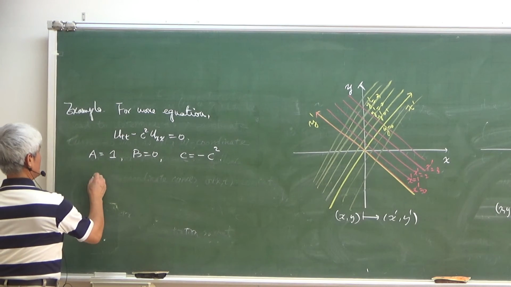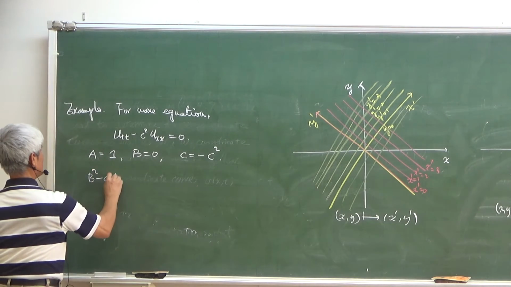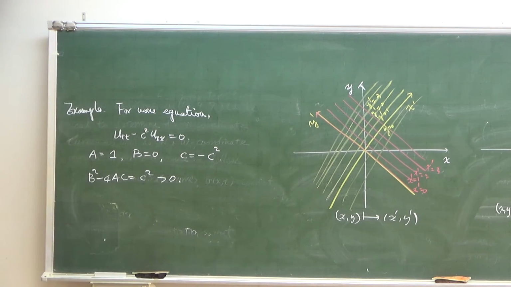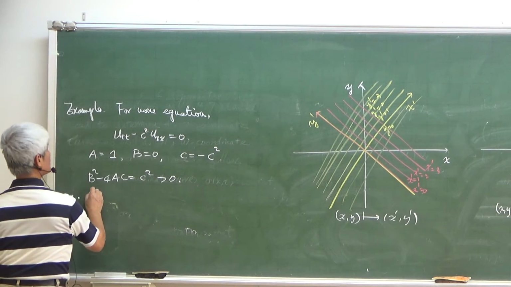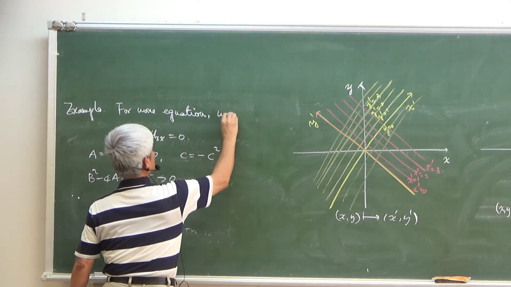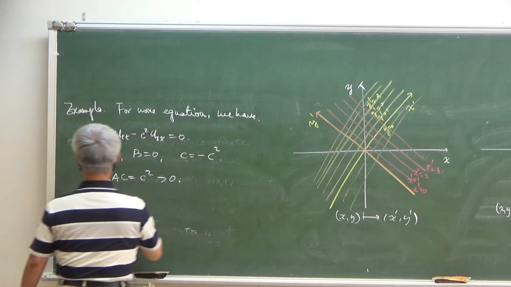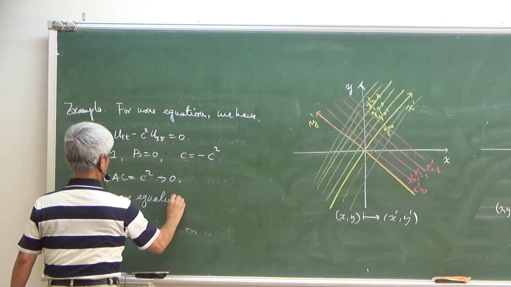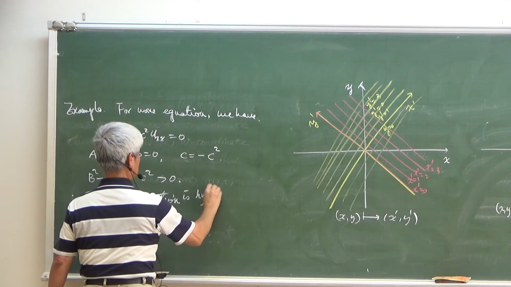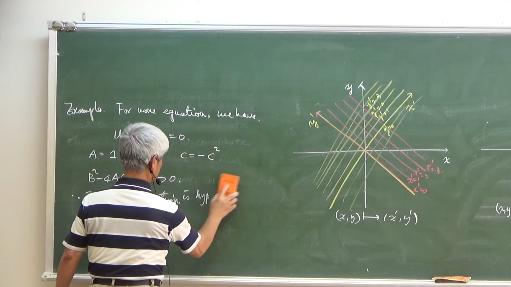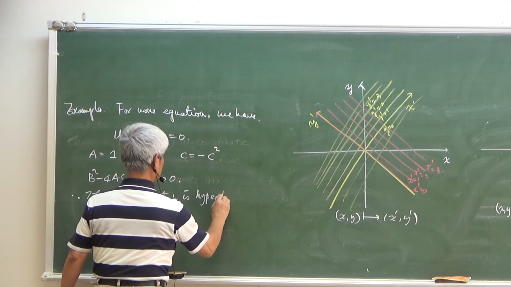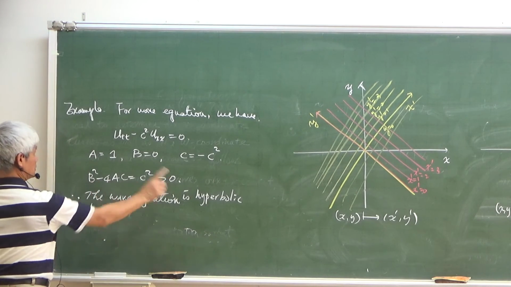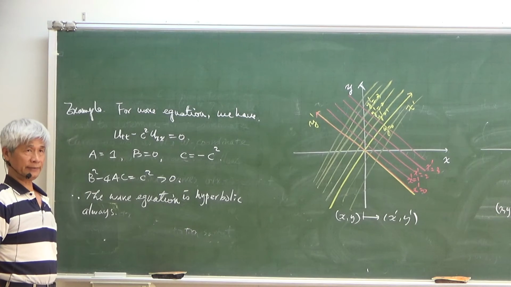And so B squared minus 4AC is equal to 4c squared, which is greater than 0. So we know that the wave equation is always hyperbolic, because this is positive.